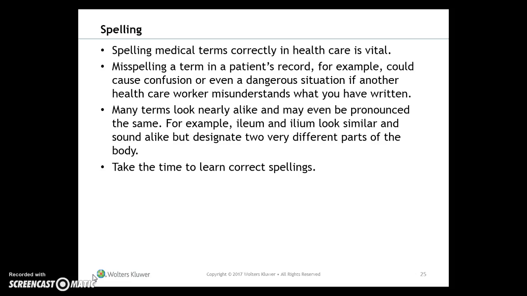For example, ileum and ilium look similar and sound alike, but they're two very different parts of the body. Ileum is a part of the small intestine, and ilium is a hip bone. They designate two very different parts of the body.